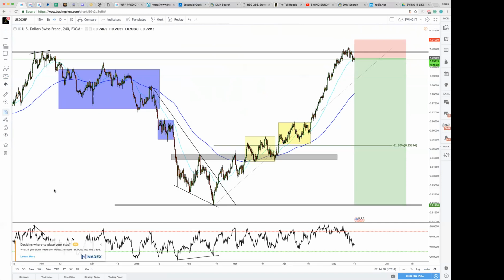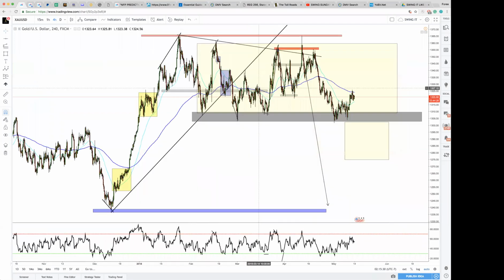Ta-da. $1.01 and take profit is 919. All right, so basically that's done. USD CHF is done. Now the last one would be gold.